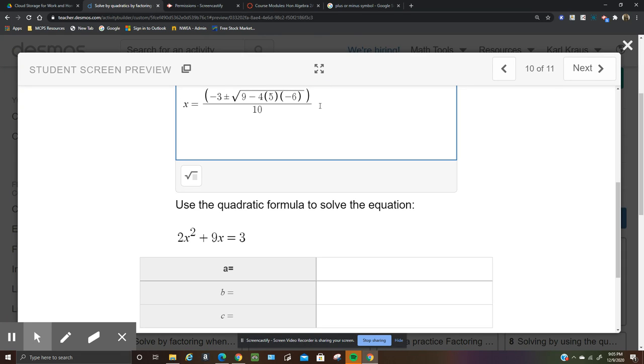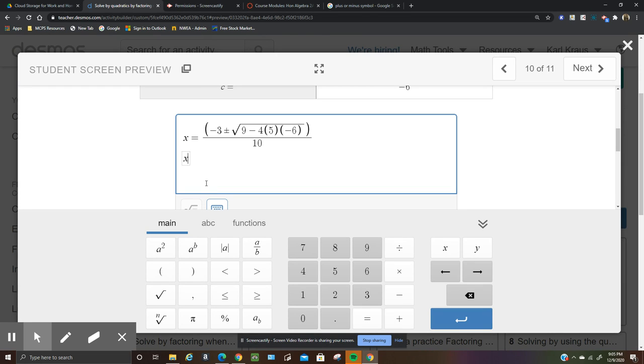And then simplify what's under the radical and get the equation x equals negative 3 plus or minus the square root.